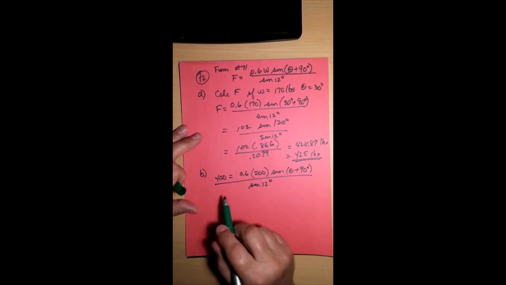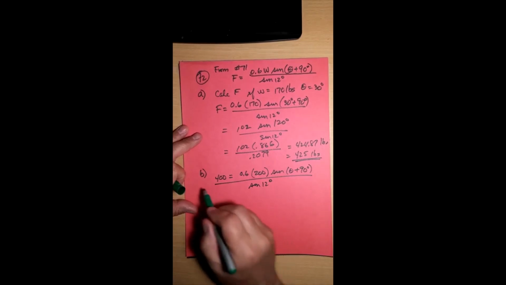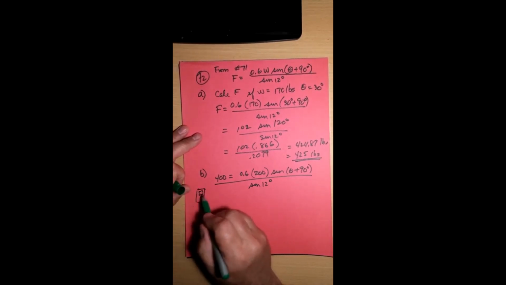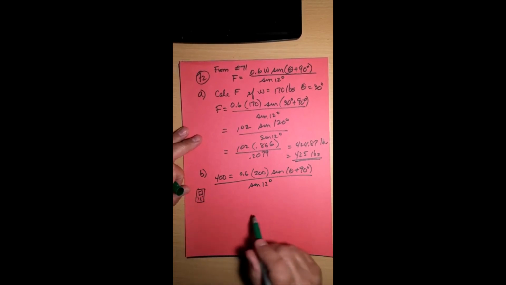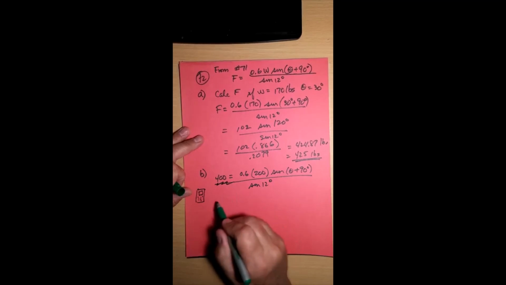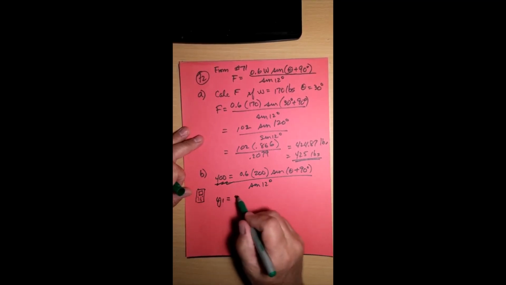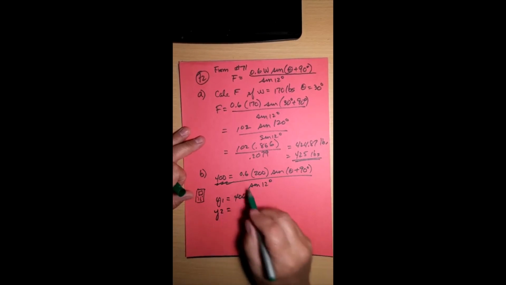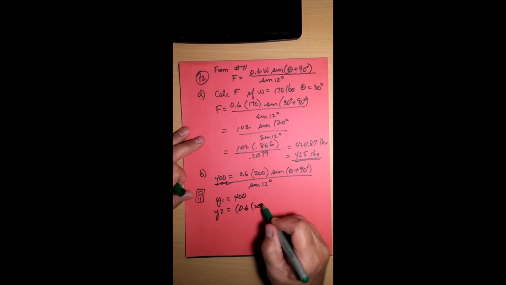You can then, they said, I think, graph this with your graphing calculator. So put the 400 into y1, and in y2 you're going to put the 0.6 times the 200.